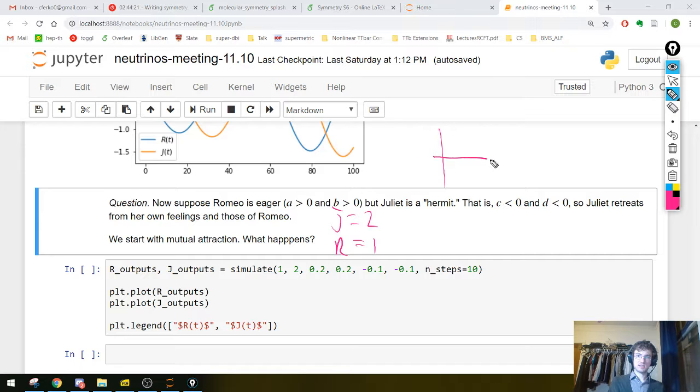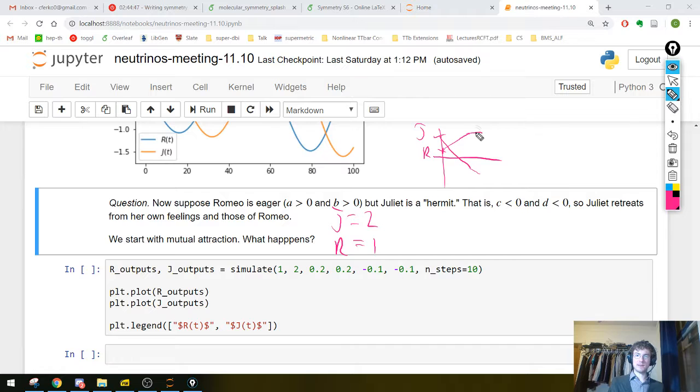Yeah, we're going to get some, because I agree at the beginning. Let's see. At the beginning, Juliet's definitely going to go down, because she retreats from her own feelings and Romeo's. So if Juliet's at 2, she's going to start going down. And then Romeo, I think, is going to start originally going up, because he's originally saying, oh, I like her, she likes me, this is great, everything's wonderful. And then it gets negative, and then something mysterious happens.